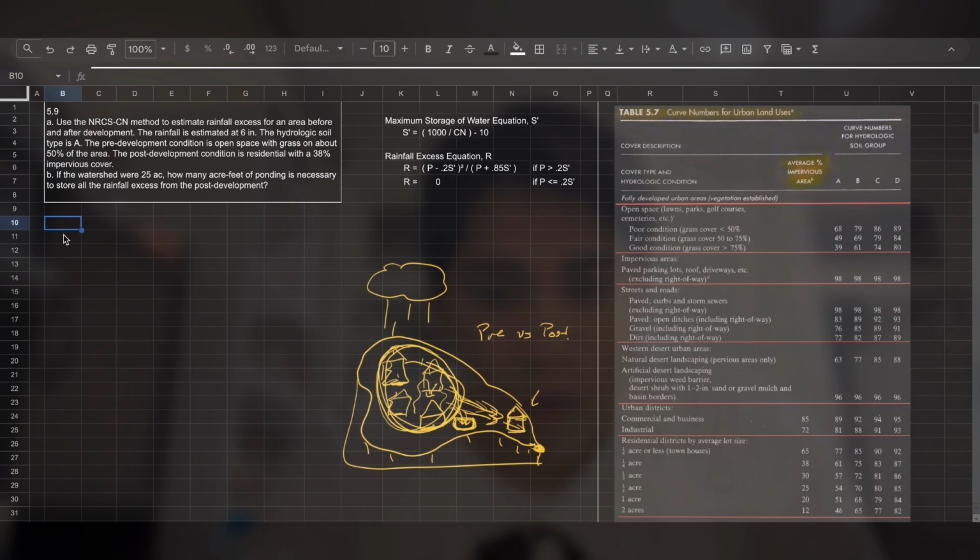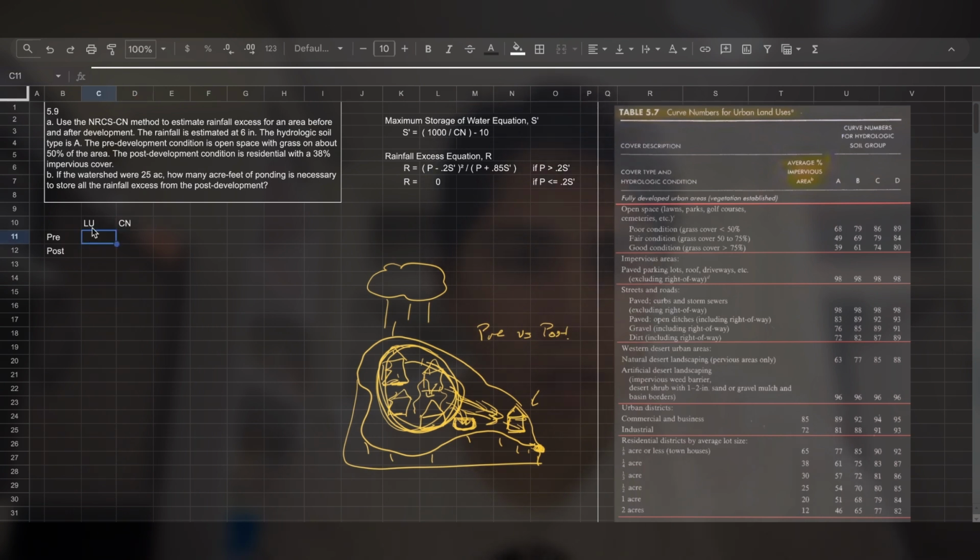So we have land use. We need to find the curve number. In this case, we only have one land use in each case, pre-development and post-development. So let's say we have pre-development, post-development, land use, and then we need to find the curve number.